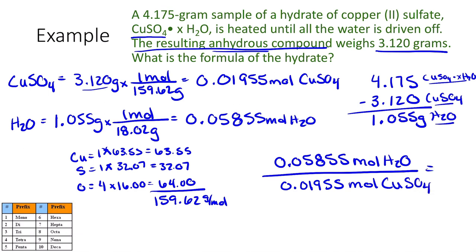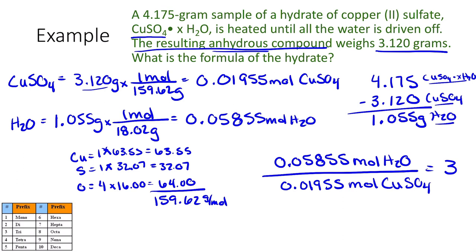And if I put that in my calculator, 0.05855 divided by 0.01955, that tells me I have 3 water molecules for every molecule or unit of copper 2 sulfate.